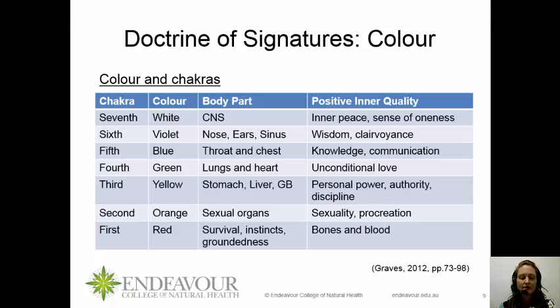The second is generally around the sexual organs, or the reproductive systems of humans in general. Generally, it's often given the colour orange, and it's all about creativity. The third is yellow, generally around the solar plexus area, associated with sense of self, and it keeps going in that way.